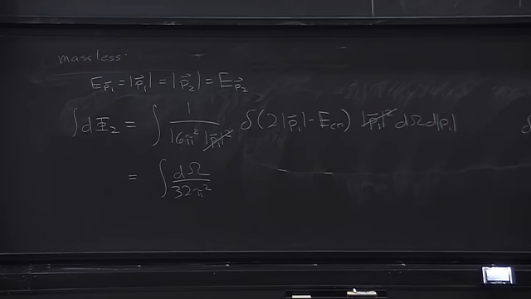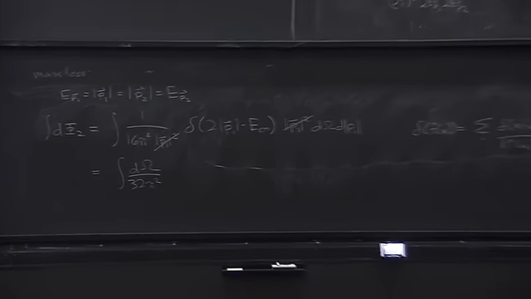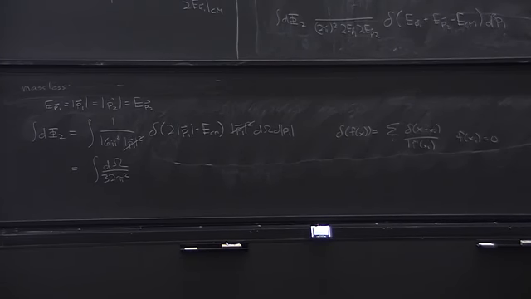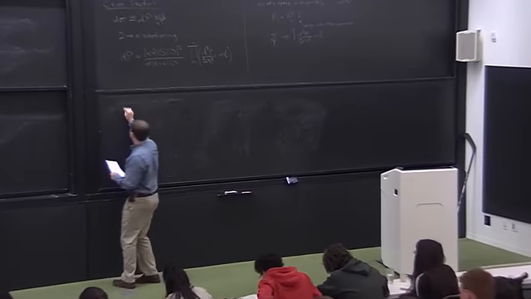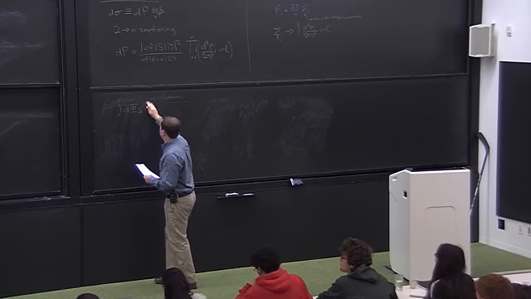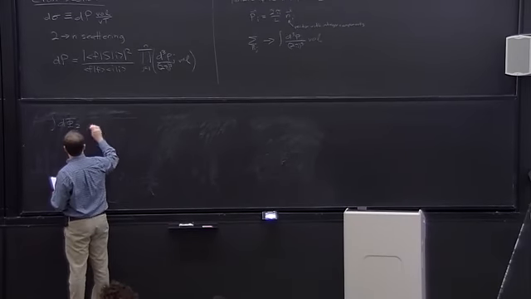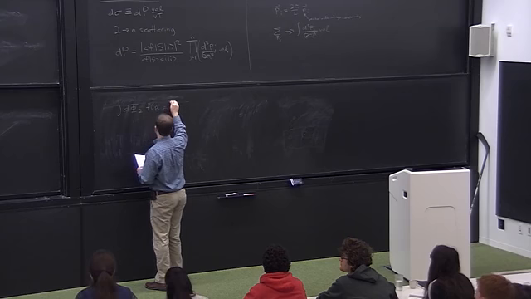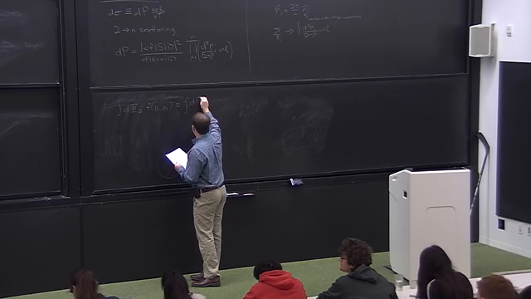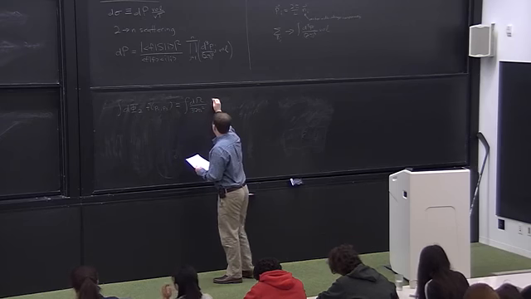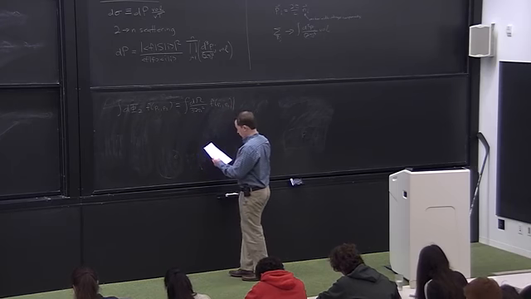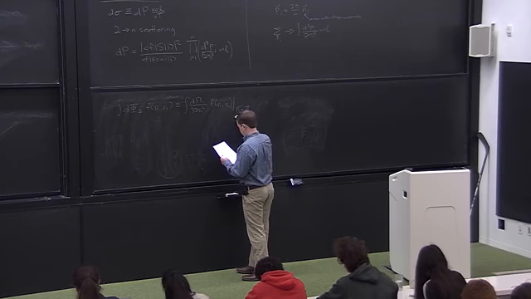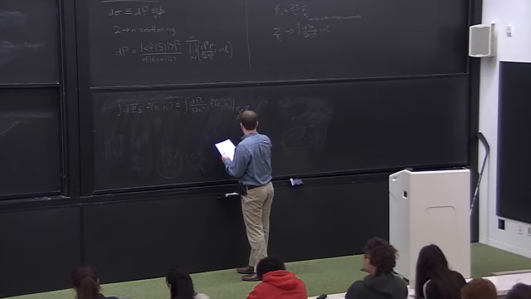So that means that we want to compute the integral d phi 2 of some function of p1 and p2, some Lorentz invariant function, that's equal to d omega over 32 pi squared f of p1, p2, evaluated at p2 equals minus p1 and p1 equals a half E_CM.